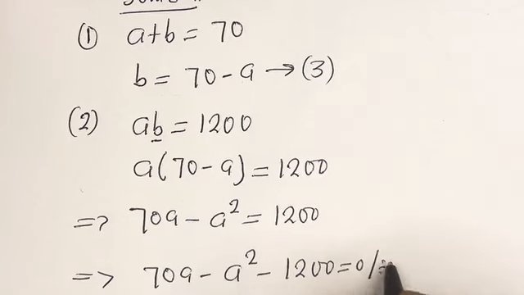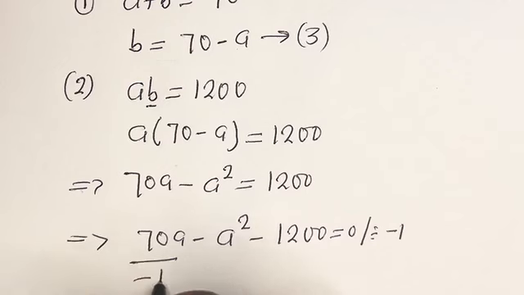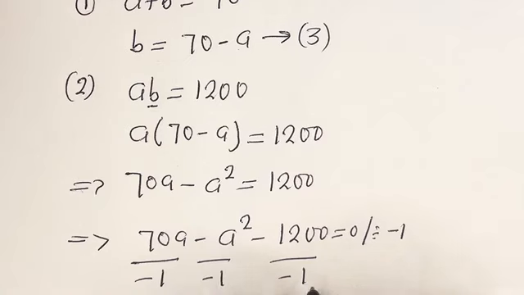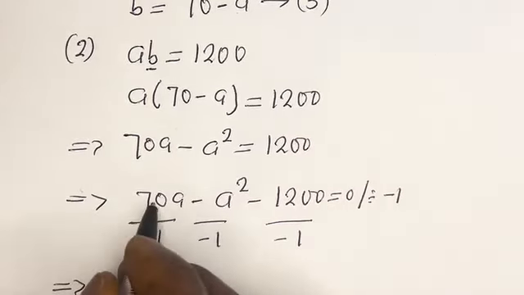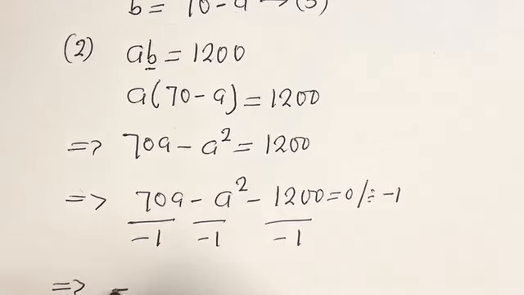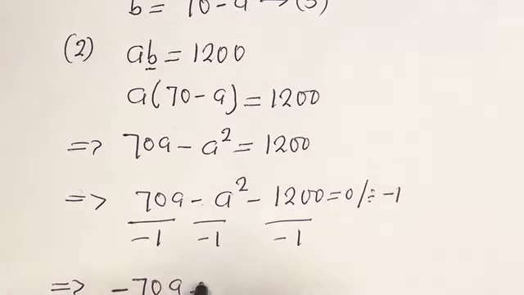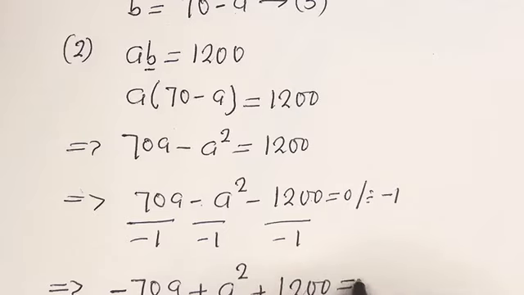Let us divide all through by minus 1. Then 70A divided by minus 1 gives minus 70A, minus A square divided by minus 1 is plus A square, minus 1200 divided by minus 1 is plus 1200, equal to 0.